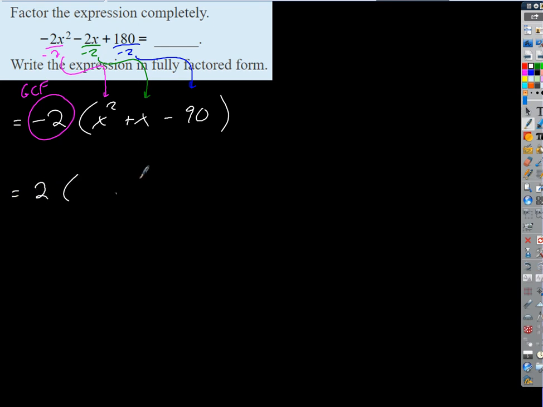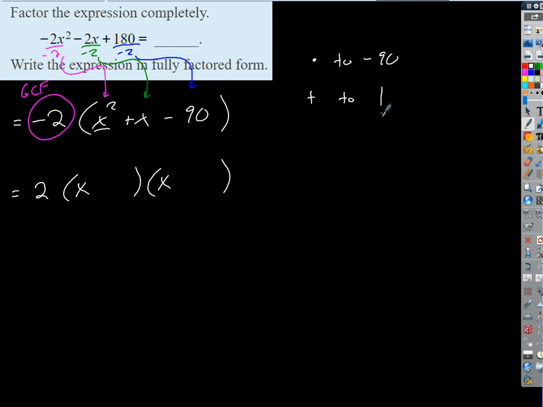Well, we know that if it works, those have to be x's because when I distribute, x times x is x squared. But we got to get magic numbers. What do they have to multiply to? -90, and they got to add to 1, exactly, right? So what numbers are going to multiply to -90 and add to 1?